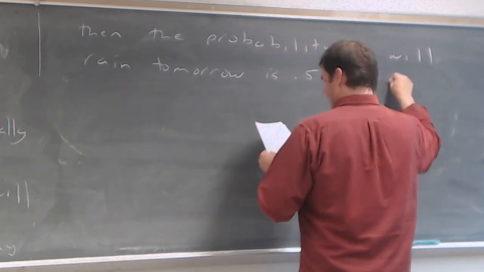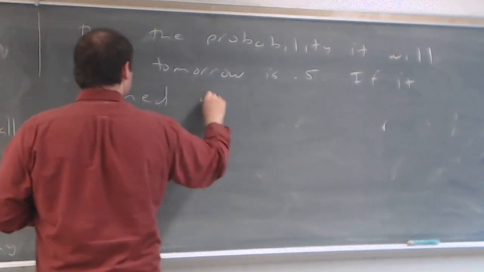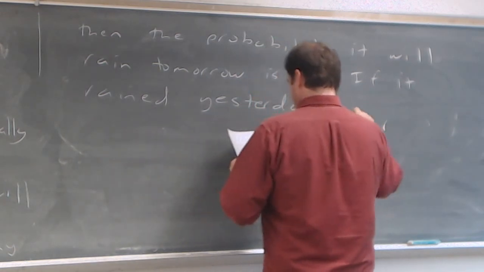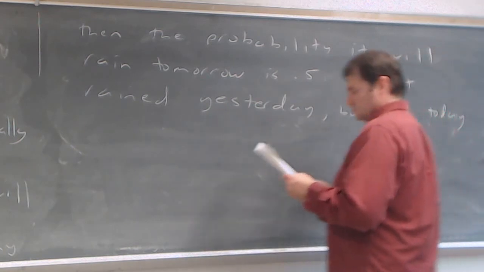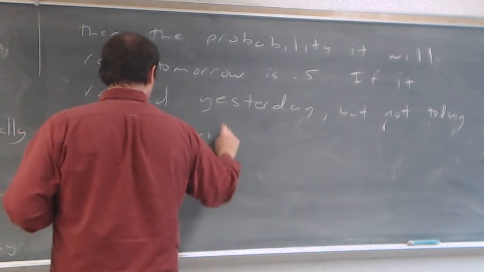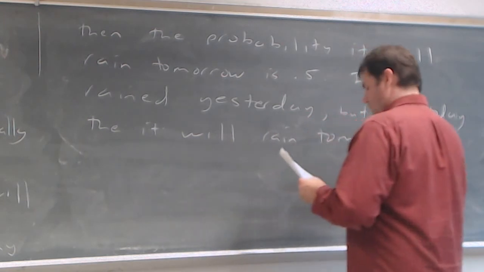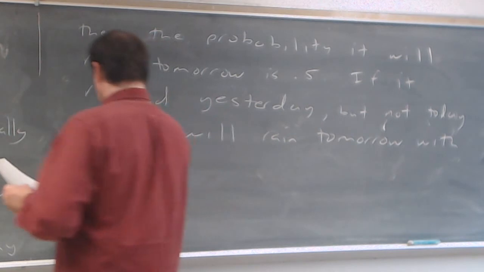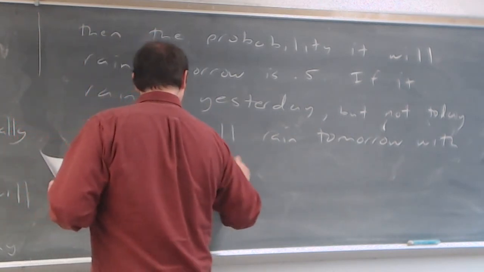If it rained yesterday, but not today, then it will rain tomorrow with probability 0.4.